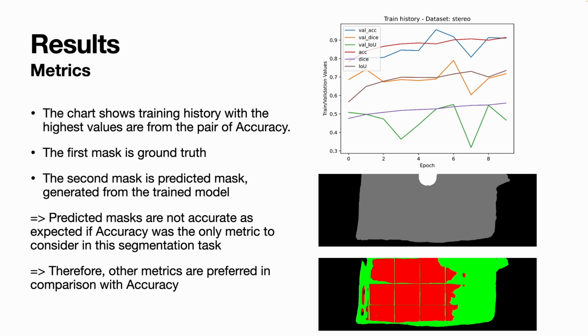As you can see, the accuracy score on this chart right here is always quite high, almost 90%. But then the corresponding masks do not satisfy the requirement. The class 2 is totally incorrectly predicted. Why so?